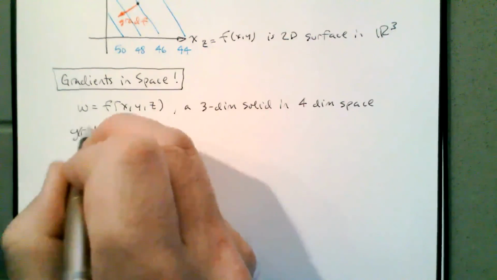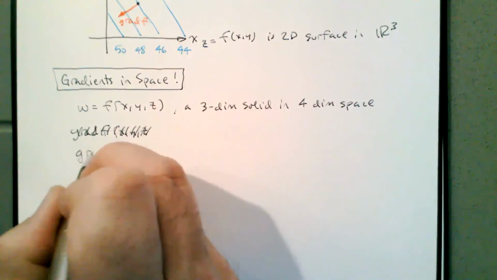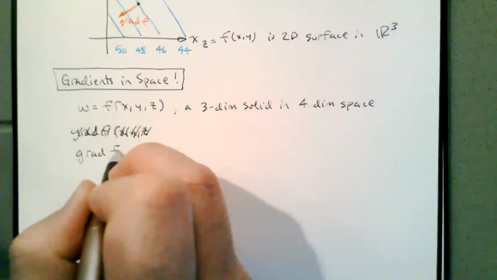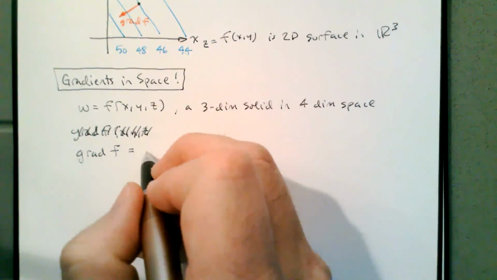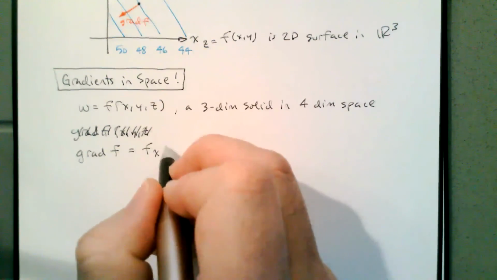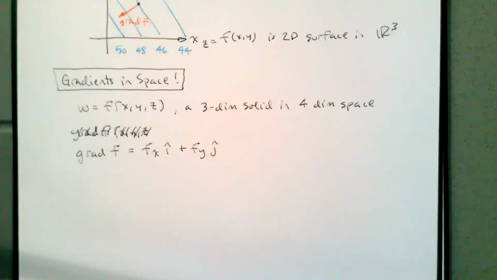you know what, I'm going to drop these. This is going to take too long to write. The gradient of f, I'm going to have the x derivative in the i direction, the y derivative in the j direction. That was our gradient in the plane, but I've got a gradient in space now.